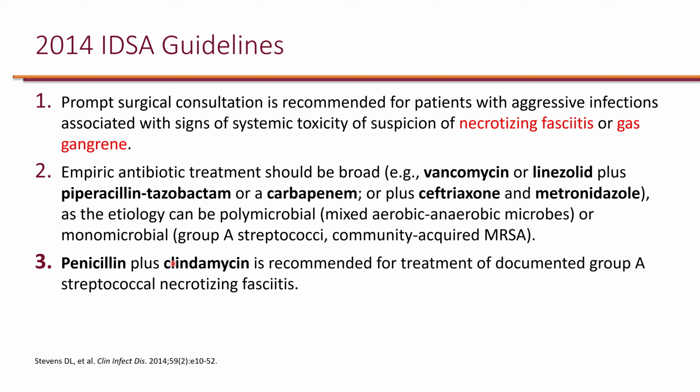That's because clindamycin has the antitoxin effect, and we're dealing with necrotizing fasciitis, so clindamycin will handle the toxins and penicillin will handle the organism making the toxin. Penicillin alone will kill the organism, but the toxins are circulating around, so you want to neutralize those with clindamycin.